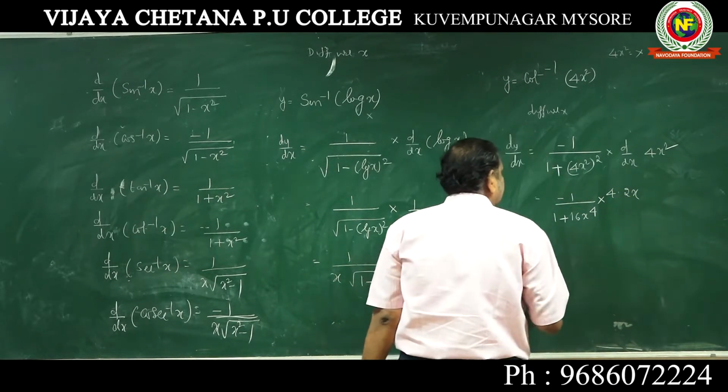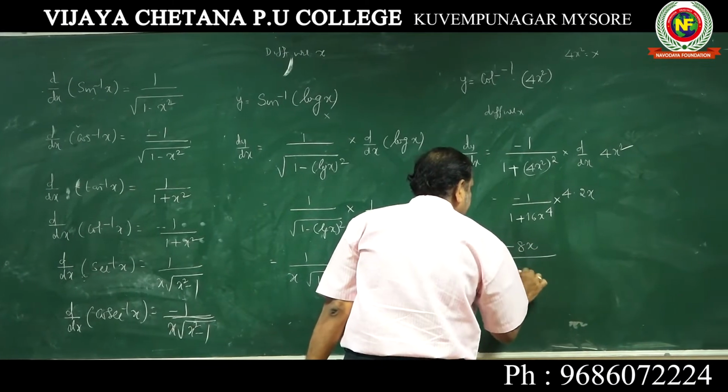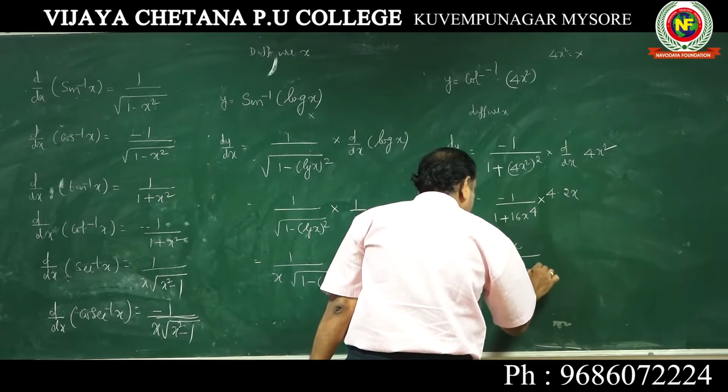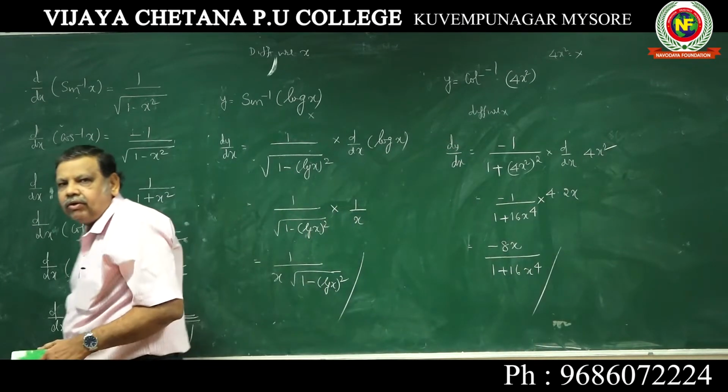Differential coefficient of x square is 2x. Our answer is minus 8x by 1 plus 16 x to the power of 4, and this is the final answer. I suppose you have followed.